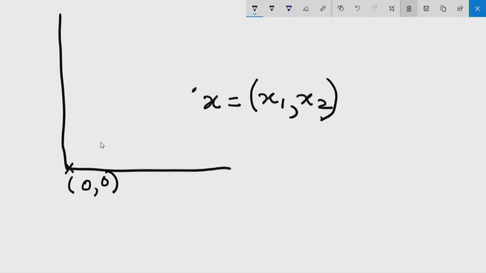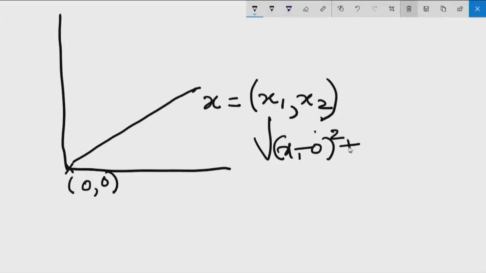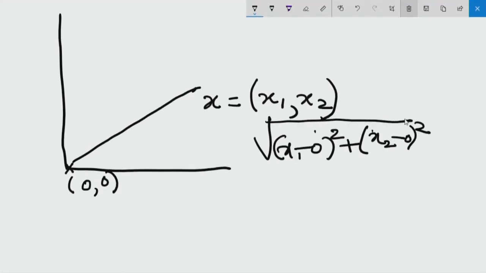Then what is the distance of this point x from 0, 0? That is nothing but the square root of x1 minus 0 the whole square plus x2 minus 0 the whole square. That is the easiest one.